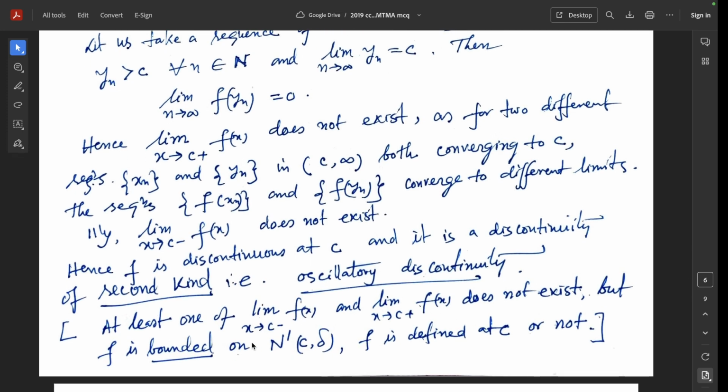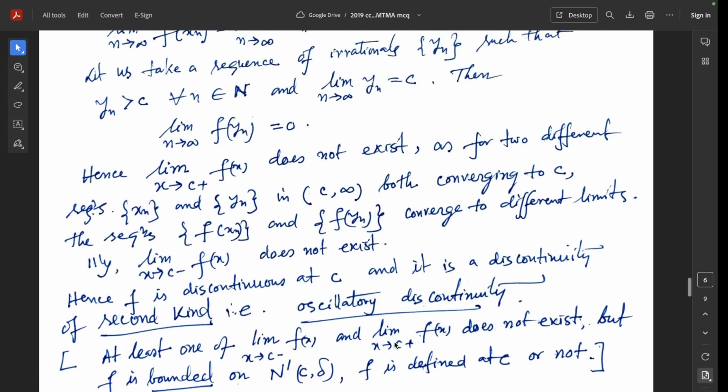If f is bounded on this deleted delta neighborhood of c, and f may or may not be defined at the point c, then this type of discontinuity is called oscillatory discontinuity, and this is the discontinuity of the second kind.